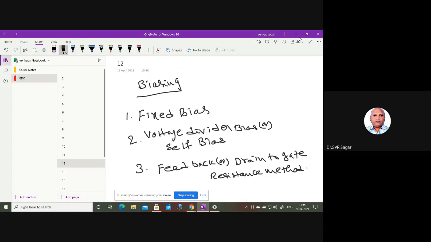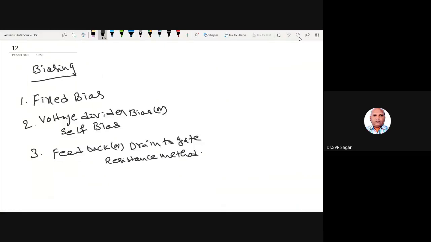The purpose of bias is to stabilize the operating point. What is meant by operating point? The operating point is the point considered on the output characteristics.